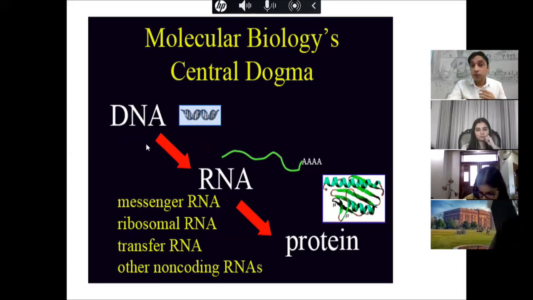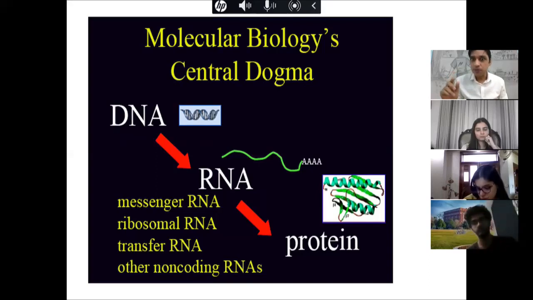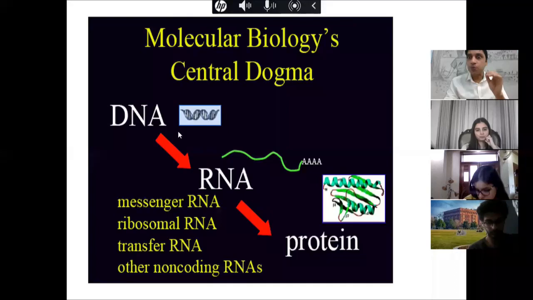So the DNA is carrying lots of genes. The protein coding portions can produce the messenger RNA. First, the DNA can control whether it is required to produce a particular messenger RNA or not.